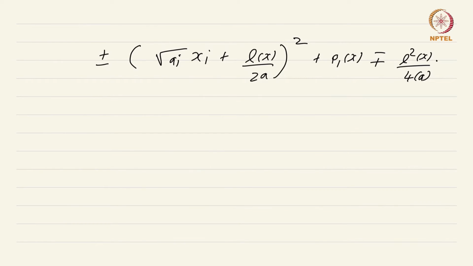Well, it's just terms that involve no xi, that is q1 of x, and L squared of x by 4a also does not involve any of the terms xi, because we had already gotten rid of the xi by taking it out. Whatever was left was this L of x.